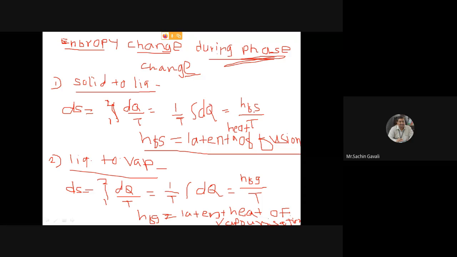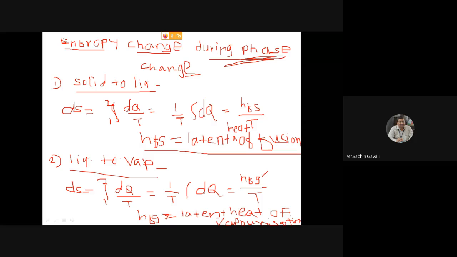HFS is called latent heat of fusion. Another phase change we can come across is liquid to vapor. Again, ds is equal to integration 1 to 2 dq by T, which is 1 by T integration dq, since T is constant, and is equal to hfg divided by T, and hfg is called latent heat of vaporization.